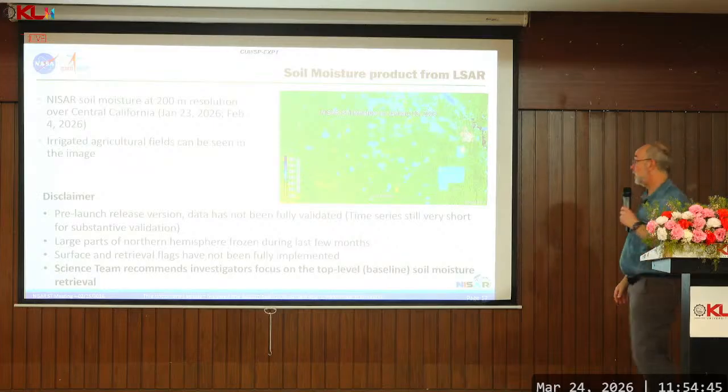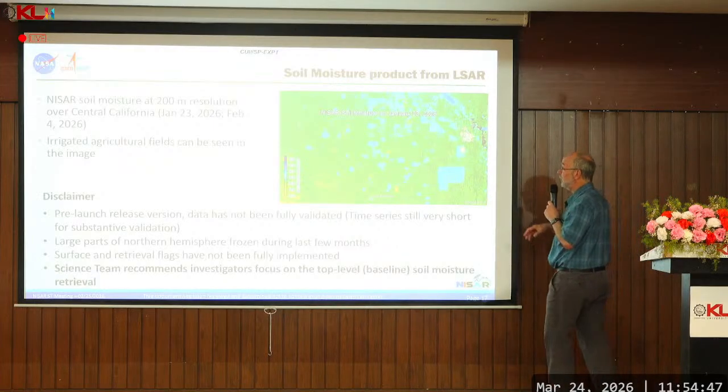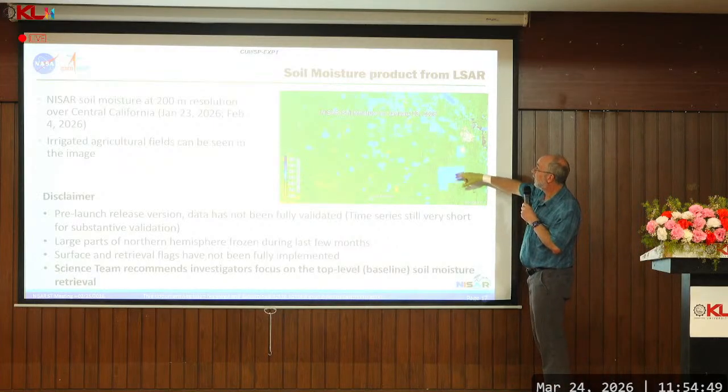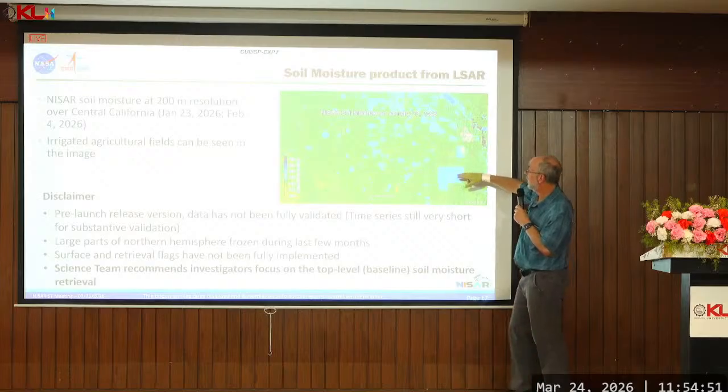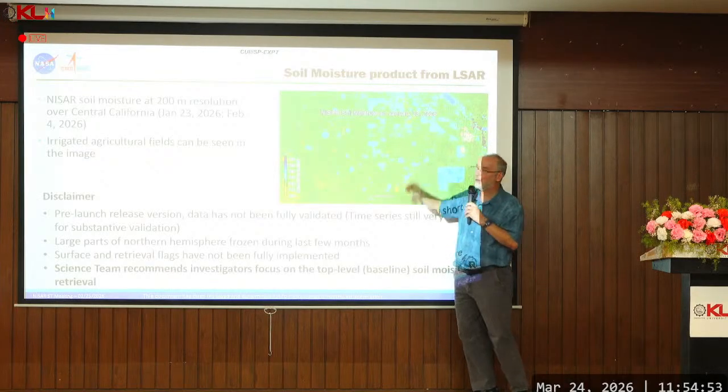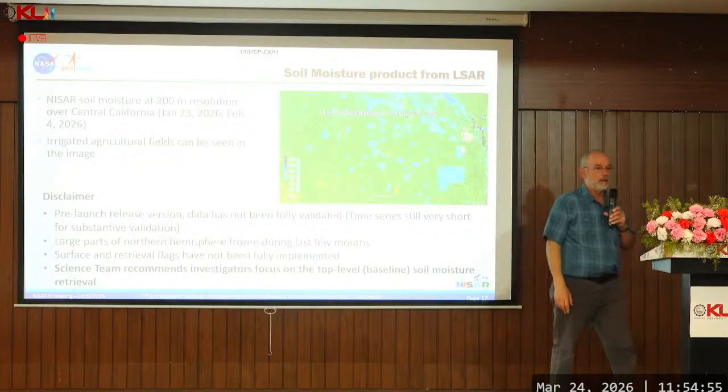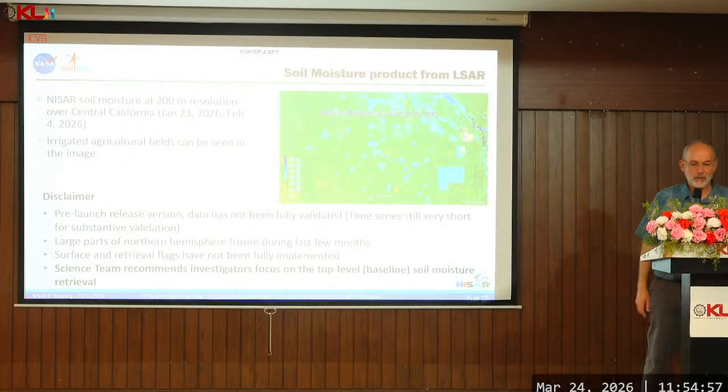And here's an example, if you zoom into that, of how this NISAR soil moisture can pick out specific fields relative to everything else and track the variability of soil moisture over time.